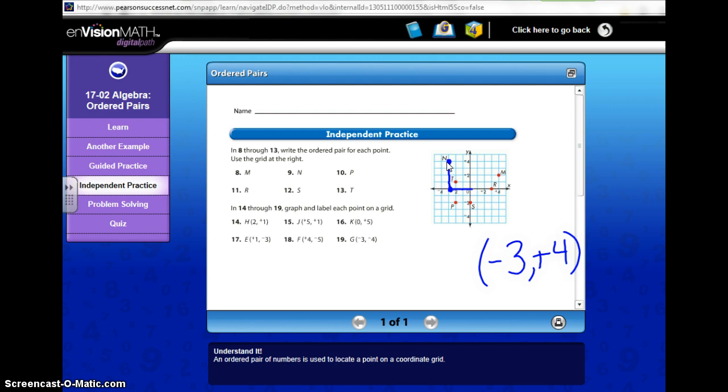All right. I think we have time for another one before my time runs out here. Point P. Point P, which is right down here. Start at 0. Over and up or down.